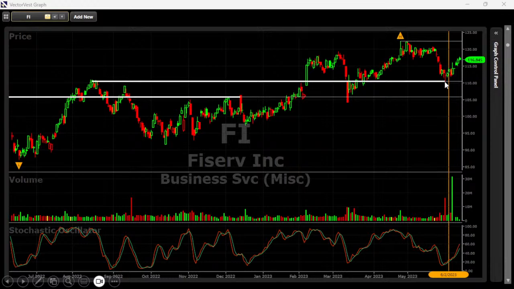Long lower wicks at support with an oversold stochastics is a potential reversal signal. Okay, you needed that follow through to cement the signal, and you got it, and you could see price continue to move higher from there.